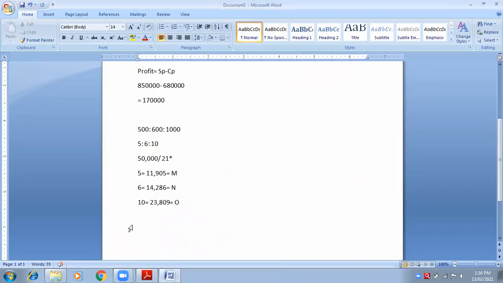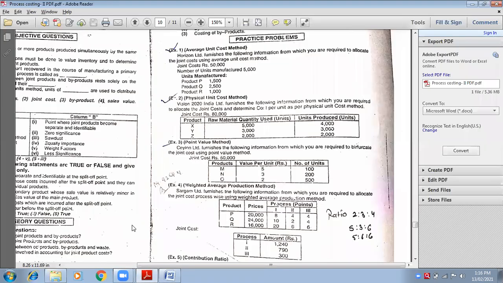Good, very good. Joint cost of M, that is 11,905, divided by number of units of M, that is 100. So what will be the CPU of M? 119.05.